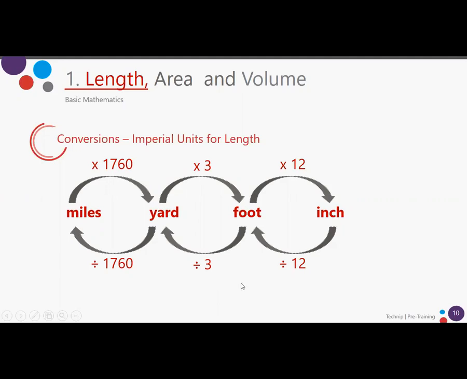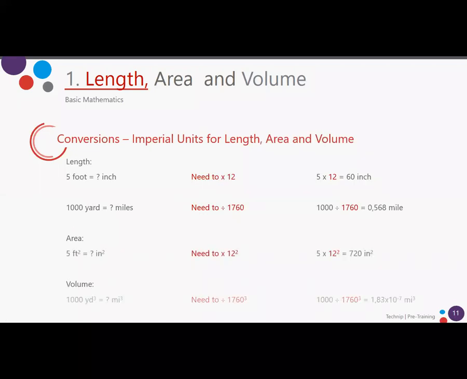As this is a little bit more complicated, or not that complicated, but not that easy, normally you need a calculator. It's not that easy to do without a calculator. But let's see some examples. So 5 feet, and we want to know how many inches we have. We need to multiply by 12.